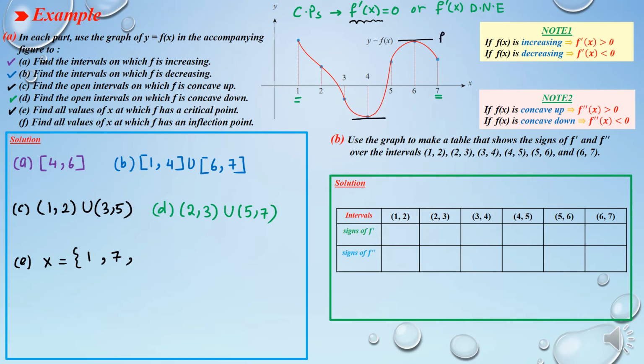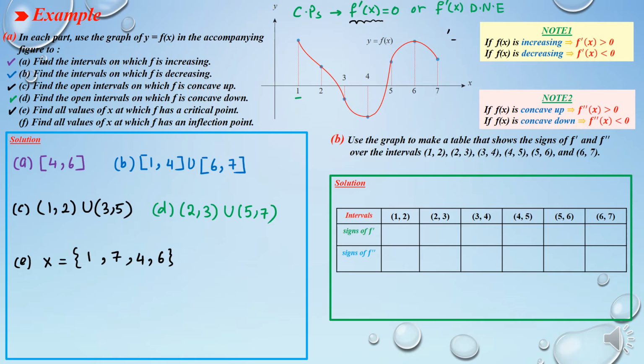So here f prime equals 0, and here also f prime equals 0. And this happens when x equals 4 and x equals 6. So these are the x values of the critical points for the function f.